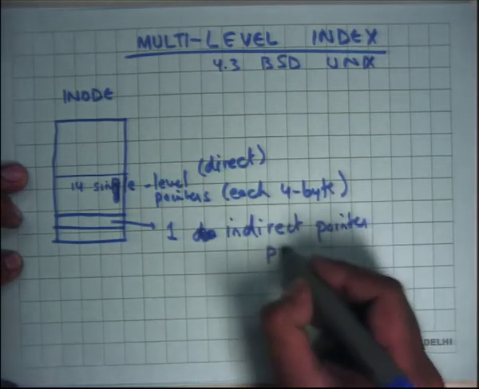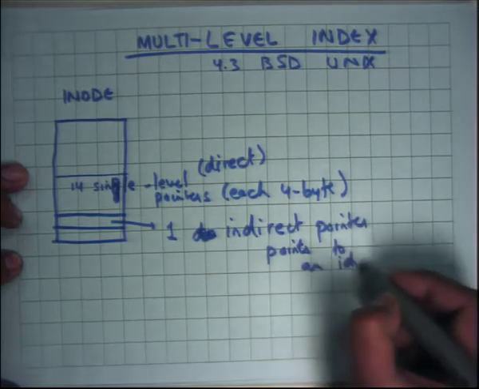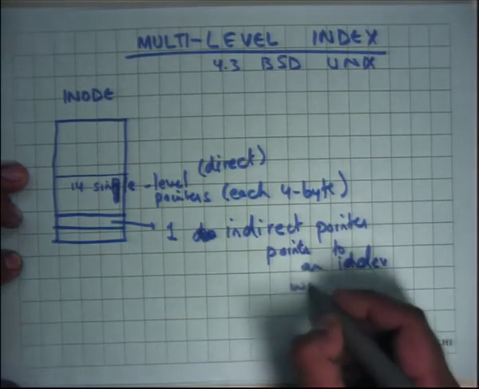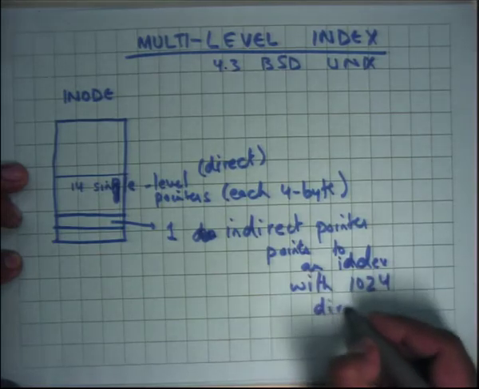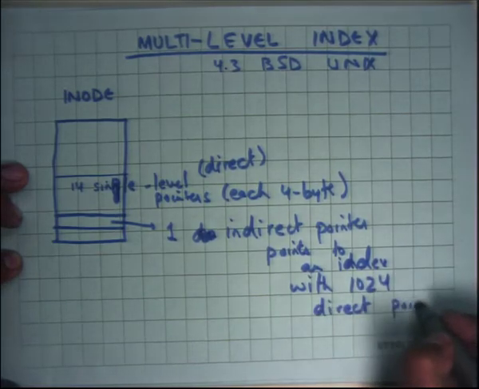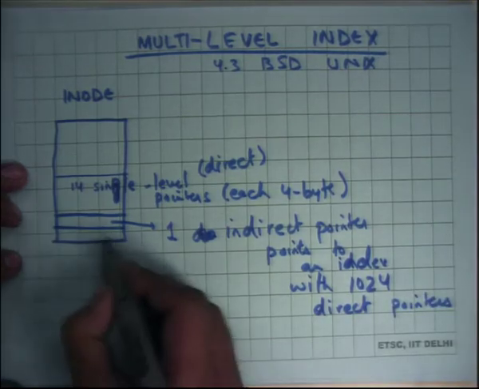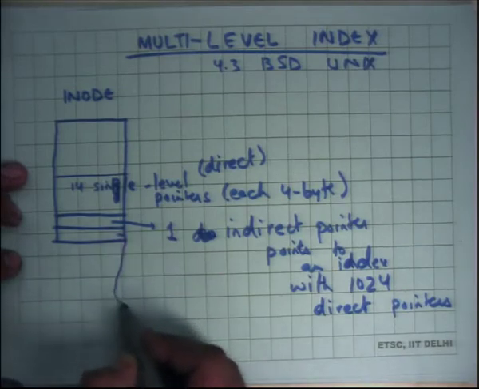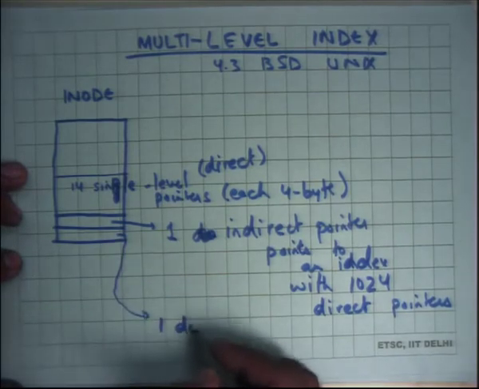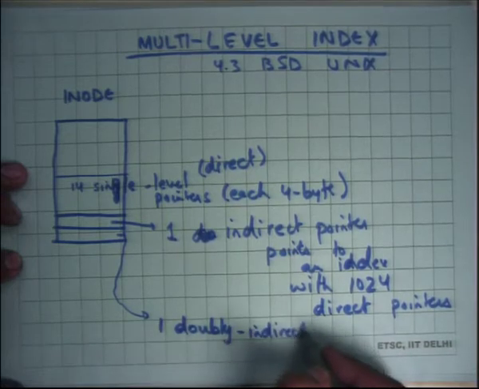that points to an index with 1024 direct pointers. And the last entry points to one doubly indirect pointer.